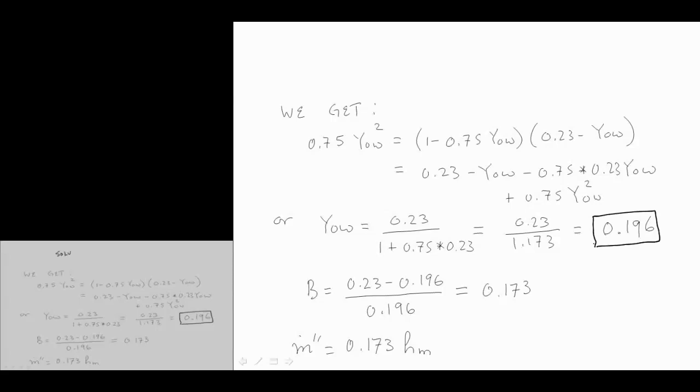So we're solving for the atomic oxygen mass fraction at the wall. When we substitute into our B relationship, we find that B is 0.173.